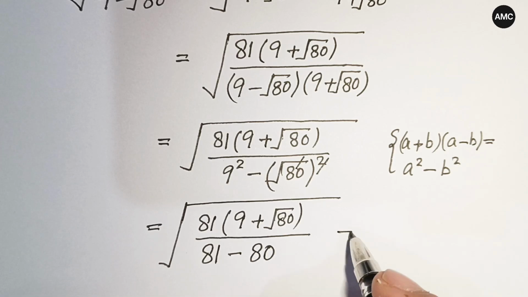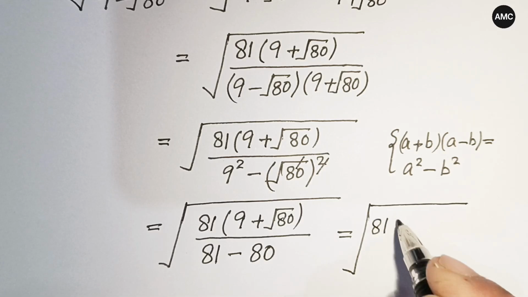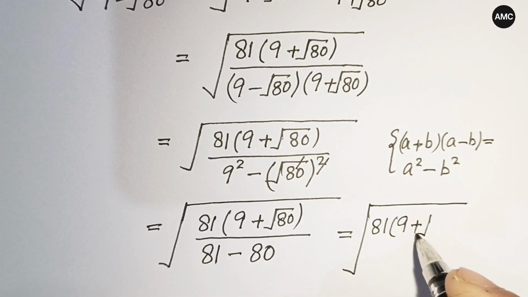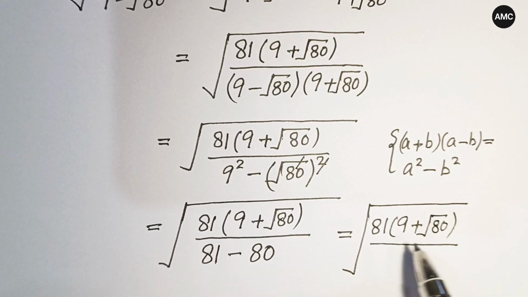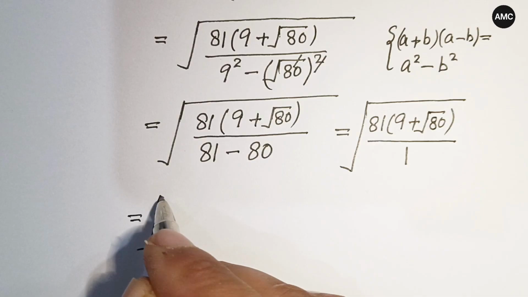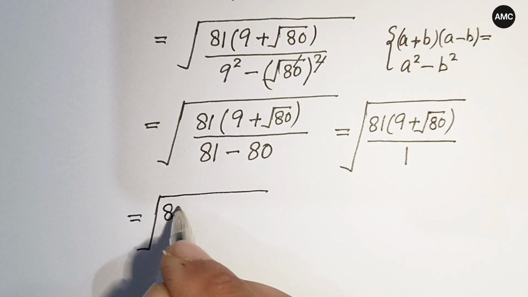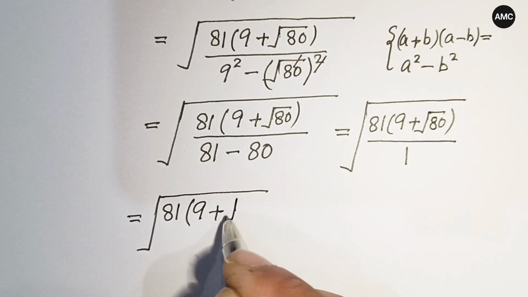So here square root of 81 times 9 plus square root of 80 all over 81 minus 80, which is 1. So square root of 81 times 9 plus square root of 80.